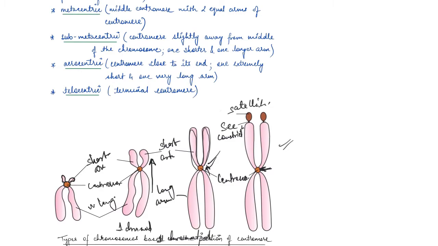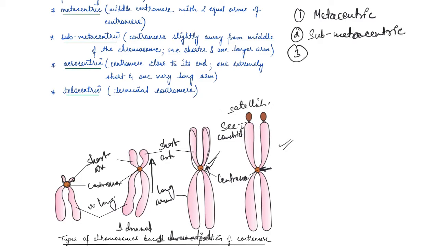So we have four different types of chromosomes depending upon the position of the centromere. The first one is metacentric, which means centromere in the middle and two equal arms. Second is submetacentric. It has now shifted towards one of the ends, and one of the arms is short and the other one is long.